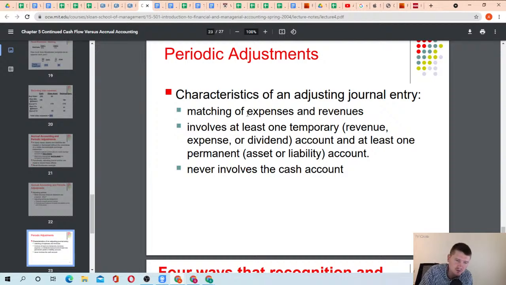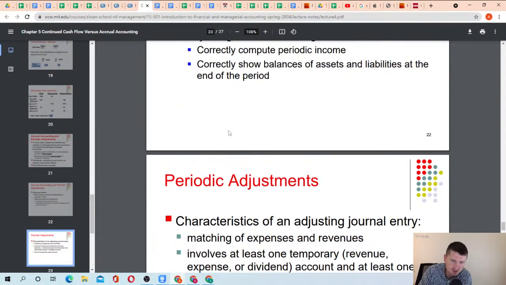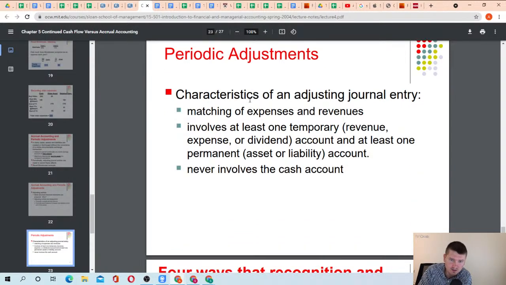So for example, with an interest expense or interest income, you earn interest income, but you might be receiving cash only once a year. Or if it's some kind of discounted bond, you might get your cash at the end of the useful life of the bond, which can be many years out. And in that situation, it's a must to record these transactions on a periodic basis.